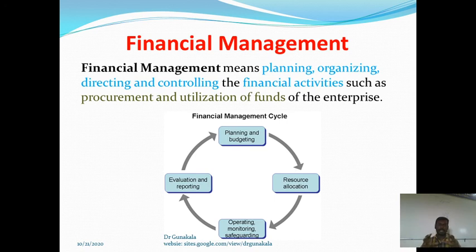Based upon the priority given by the financial department, they allocate the funds, depending upon the availability of funds in the organization. After allocating the funds, the department monitors and safeguards them. Safeguarding means checking whether the funds will be properly utilized by the company or the department or not.